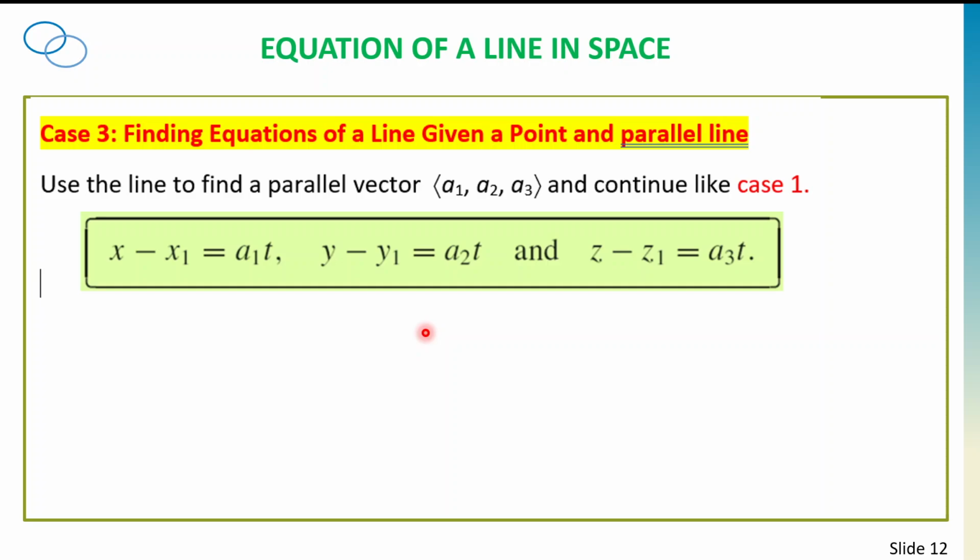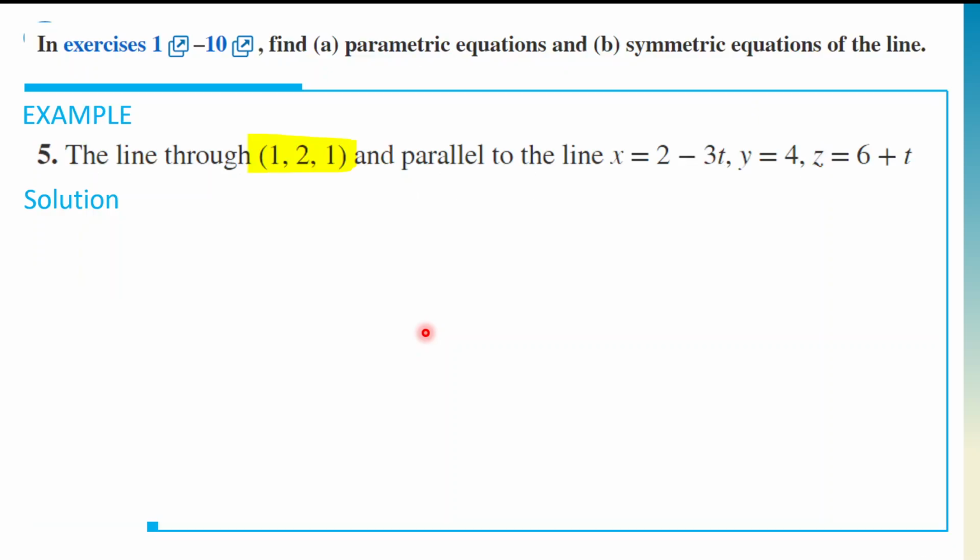Okay, let's see what we can do in this question. See now what we have? These cases are from the recommended questions. This is question number 5. What do we need to do? The question asks you to find the parametric equations and symmetric equations for these lines. Now this question says the line through the point 1, 2, 1 and parallel to this line.